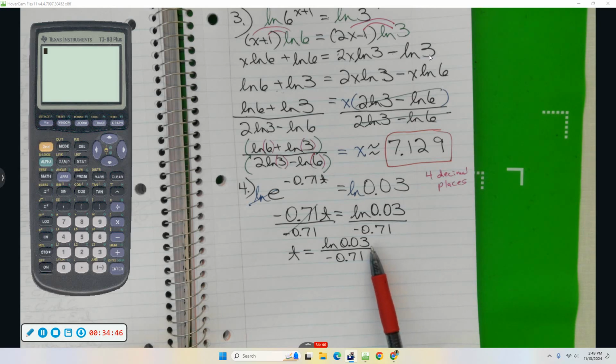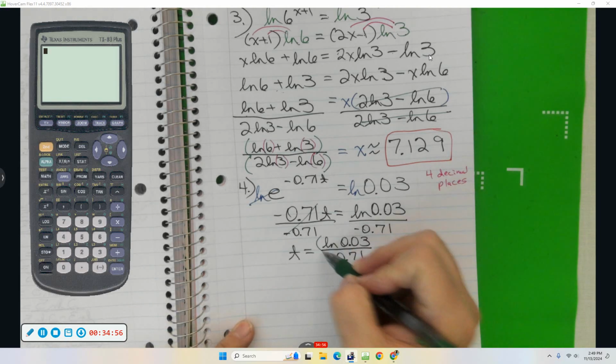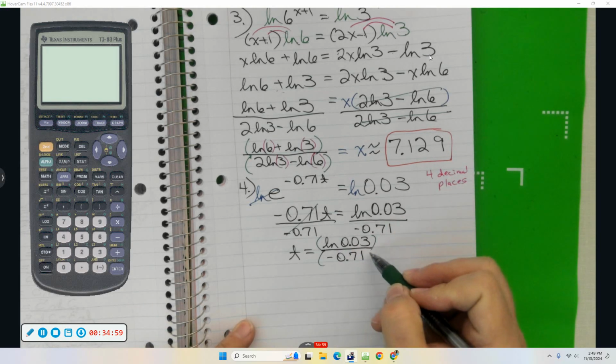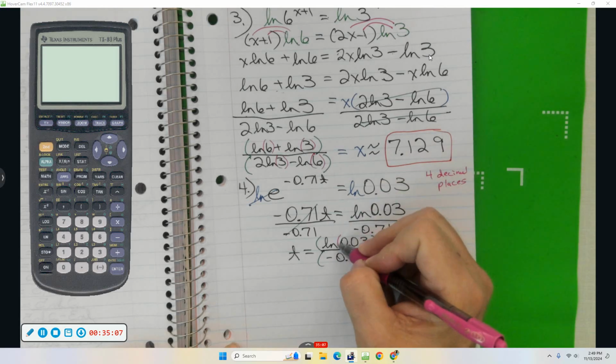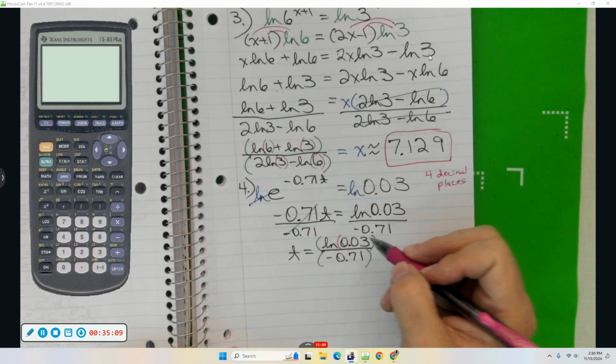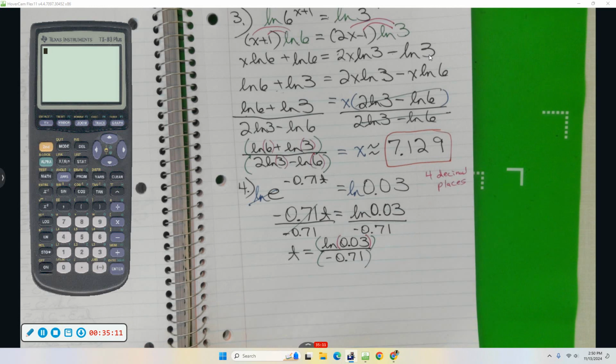So you can punch it in without introducing those parentheses around the numerator or the denominator, and you should get the correct answer. But just for consistency, I'm enclosing the top and bottom in parentheses, and when I hit that ln, what's going to happen? When I hit that ln key, it's going to open a parenthesis, so I'll have to close a parenthesis.